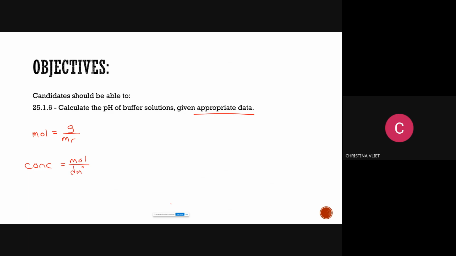If I have the concentration and the dm cubed, I can literally multiply those two to get to moles. So concentration multiplied by dm cubed equals moles. This is something you're going to be using today a lot. And then what is a buffer in general? So what is considered a buffered solution?